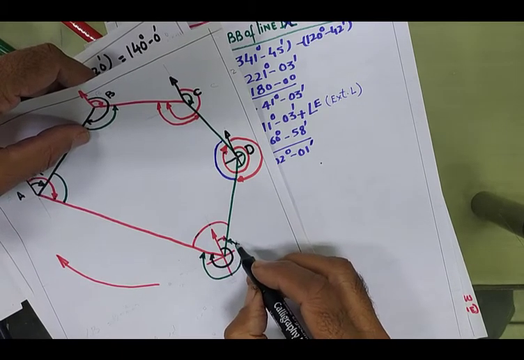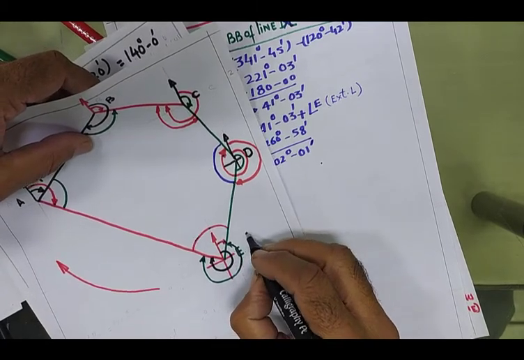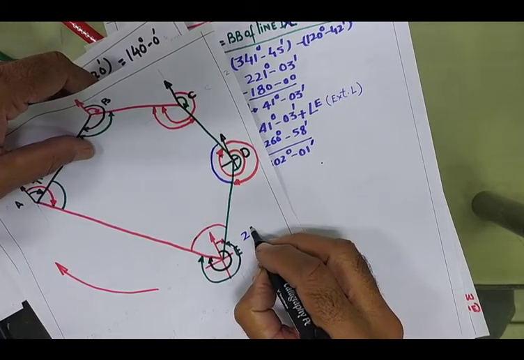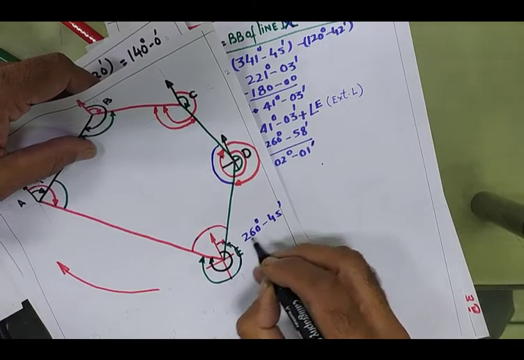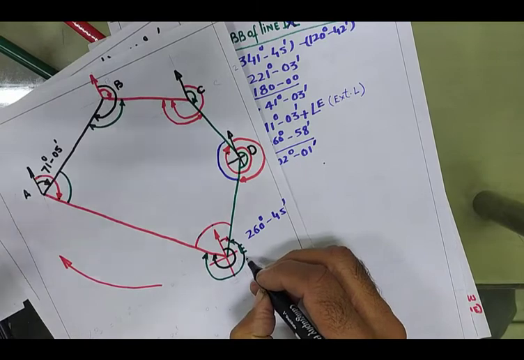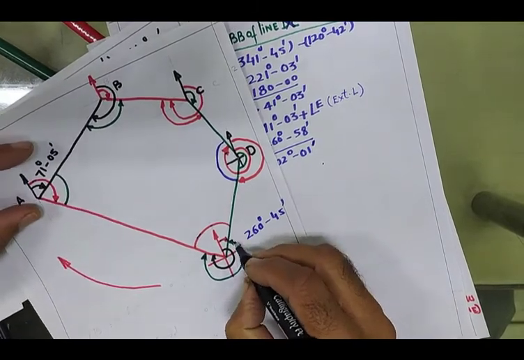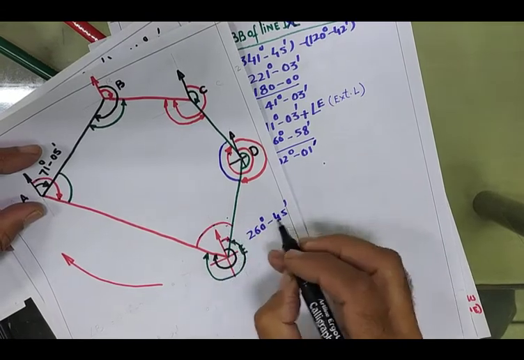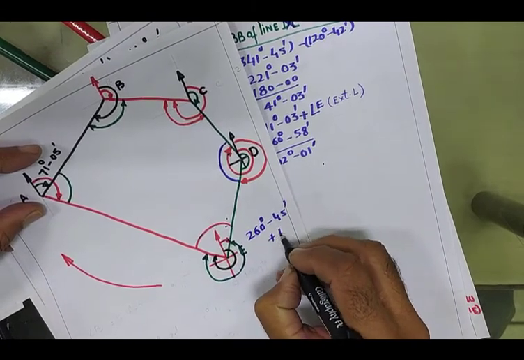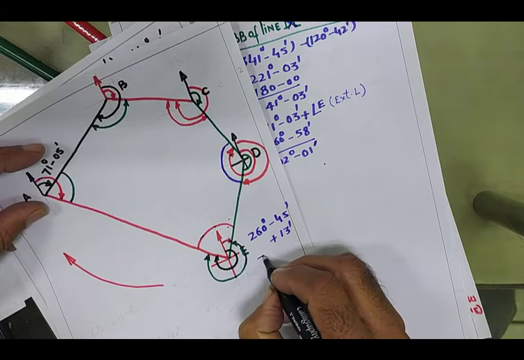This angle is previously 260 degrees 45 minutes, the external angle we have already calculated. Because you applied minus 13 minutes as correction, here you have to add the 13 minutes as correction.